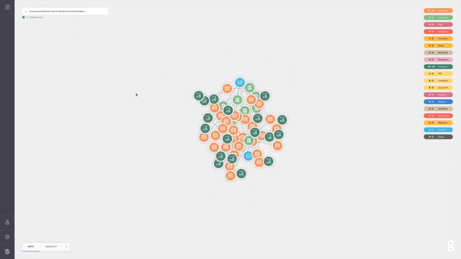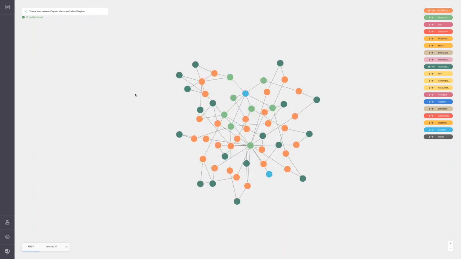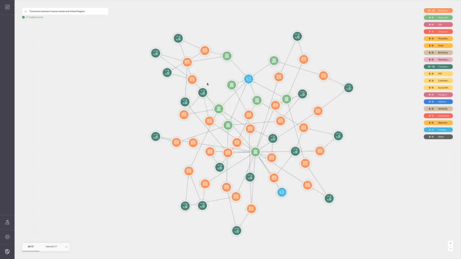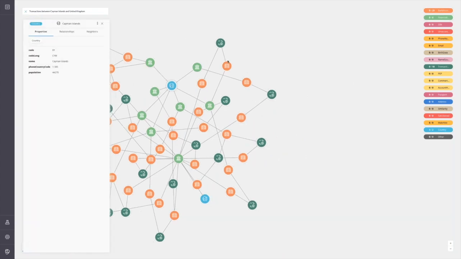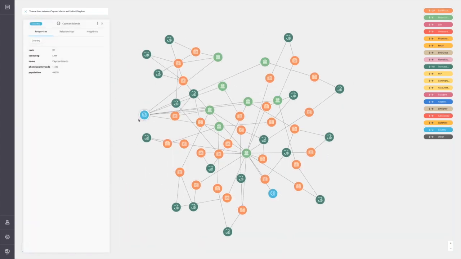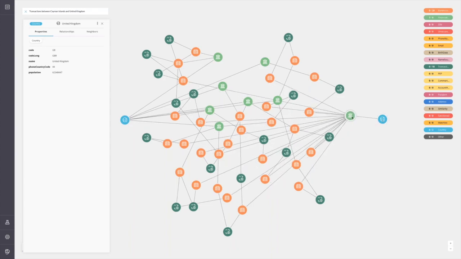Okay, so here we have all of the transactions between these two countries. Here we have the Cayman Islands. And here we have Great Britain. In pale green, you can see here's us, our new bank.